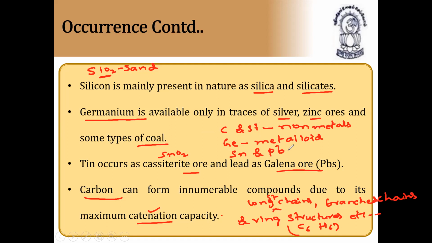Tin and lead are metals. So in this group we have two nonmetals, two metals, and one metalloid. This is the introduction of these group 14 elements.